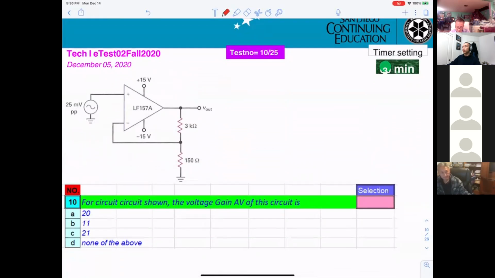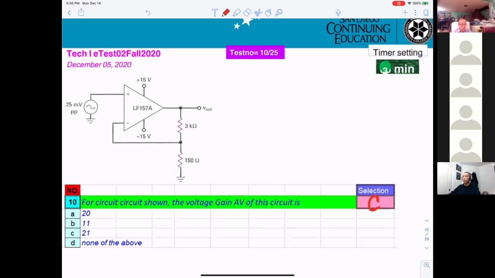C. Perfect. That will be C. The gain will be equal to 1 plus R1 over R2. That means 1 plus 3K divided by 150, and the answer will be C.